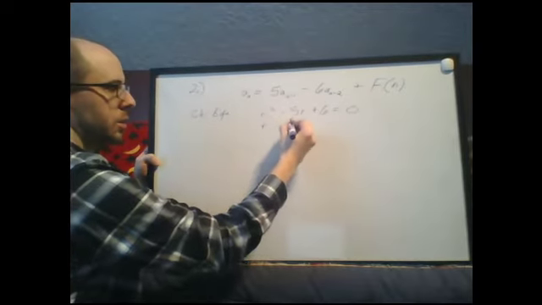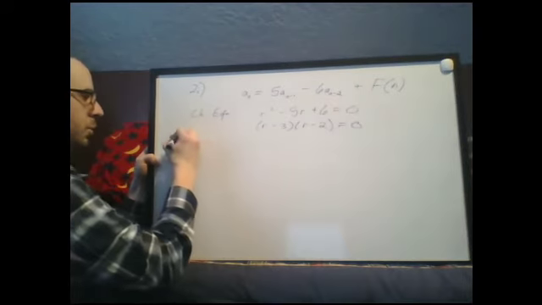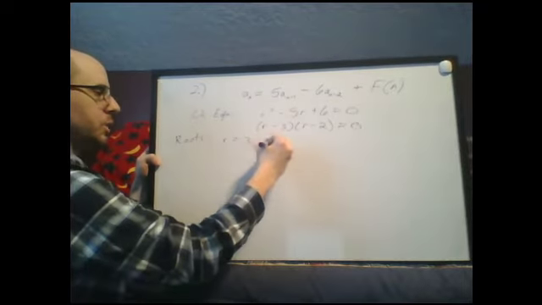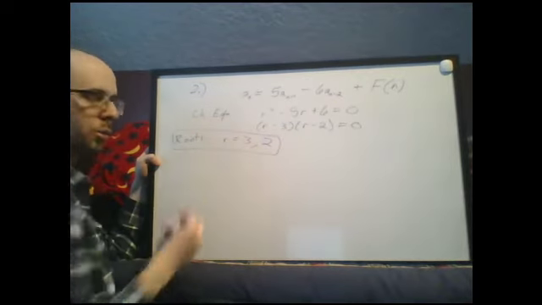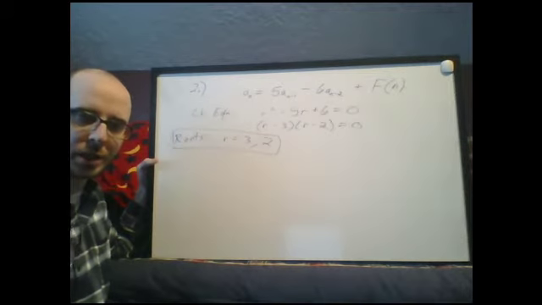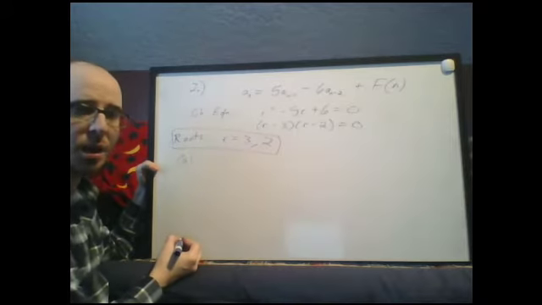That's (r minus 3)(r minus 2). So my roots are 3 and 2. That's not the answer, but that is necessary information to do any of these other particular solution stuff.